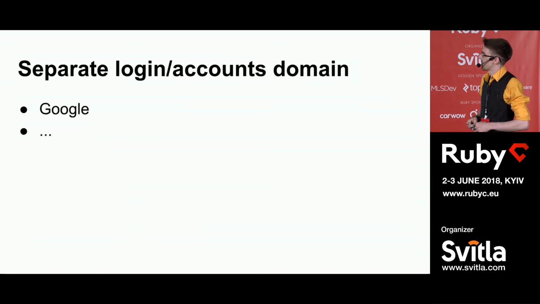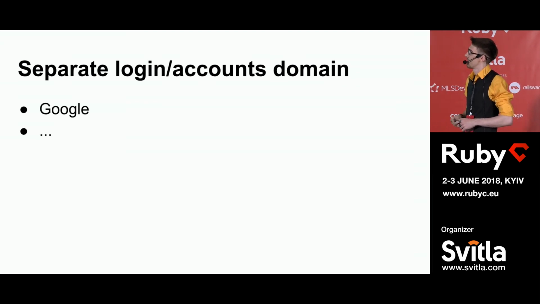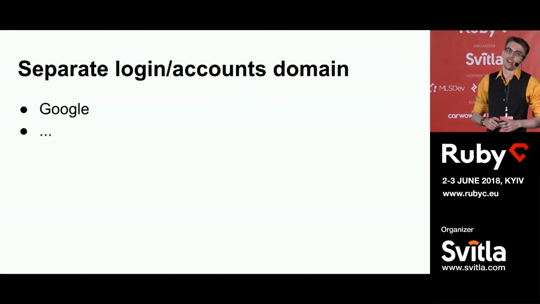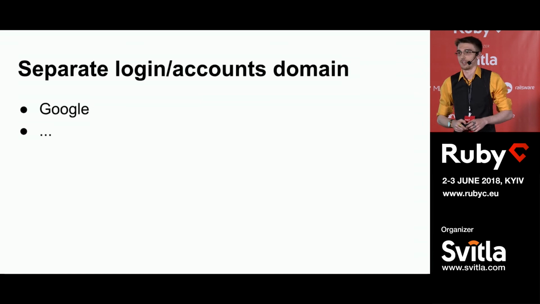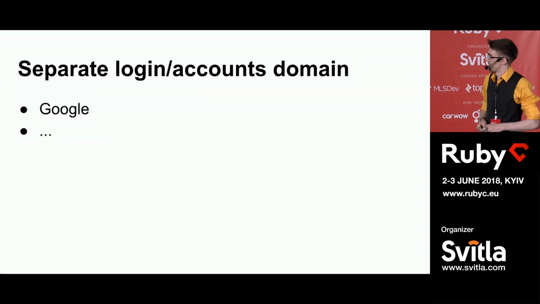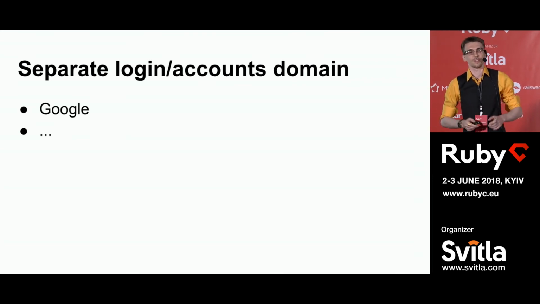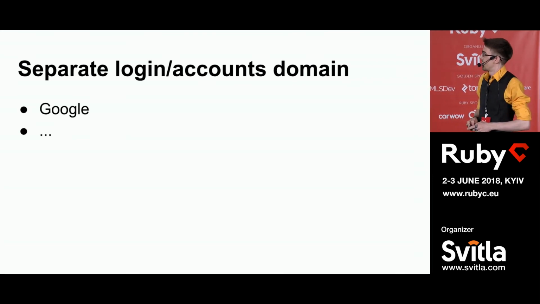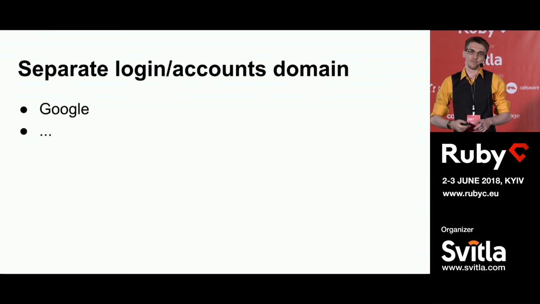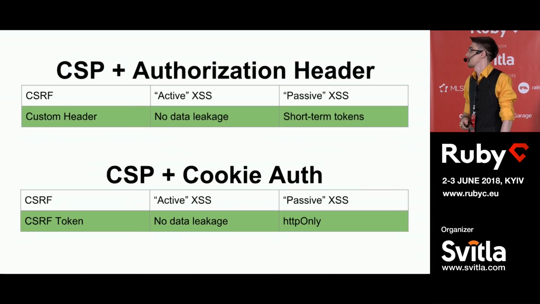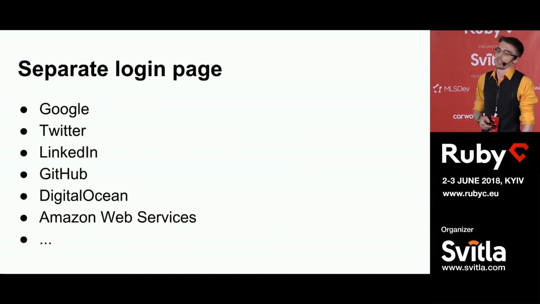And you can also completely separate the domain where users change anything important in their profile and where they log in. The only example known to me is Google, which uses a separate subdomain for anything account related. The reason to do that is that besides the vulnerabilities described, like CSRF and XSS, there are some others related to cookies.